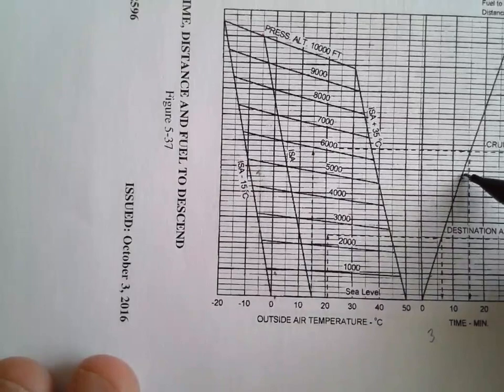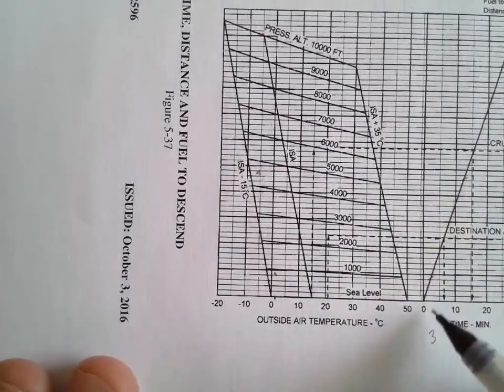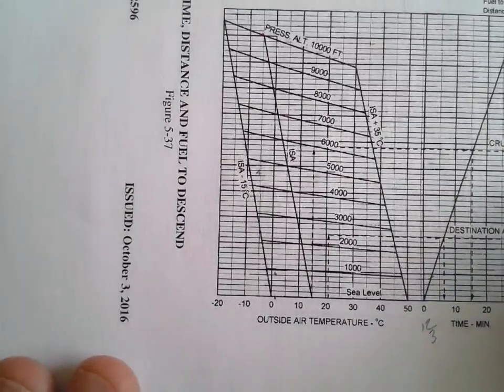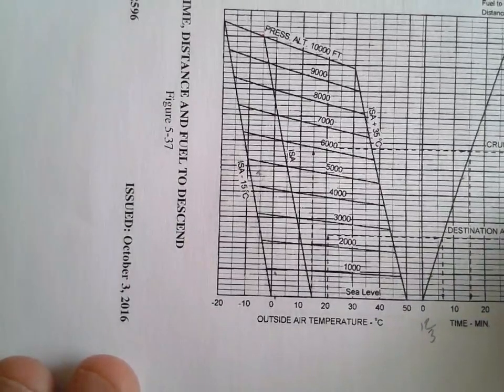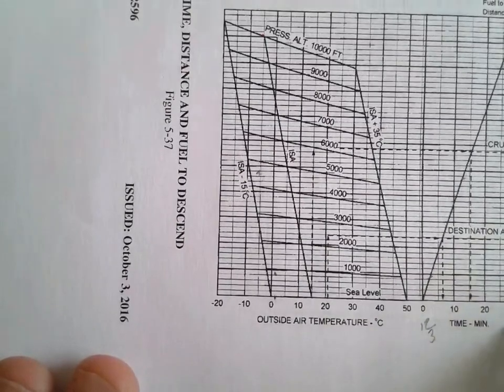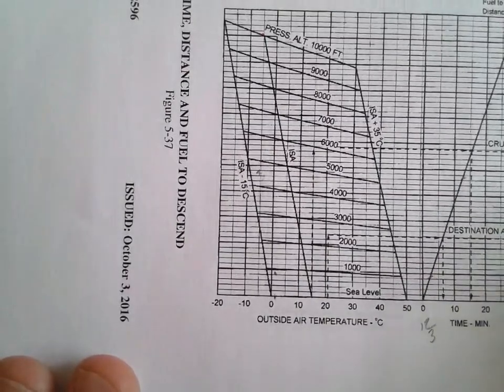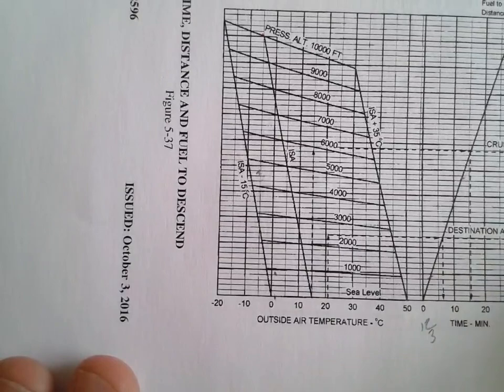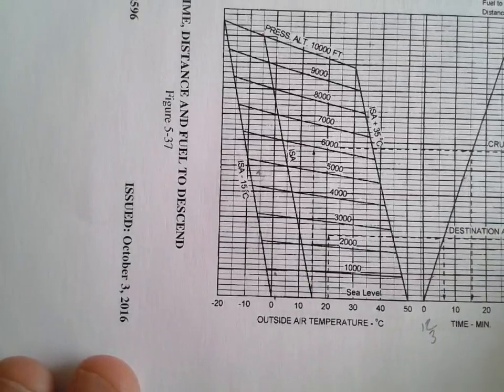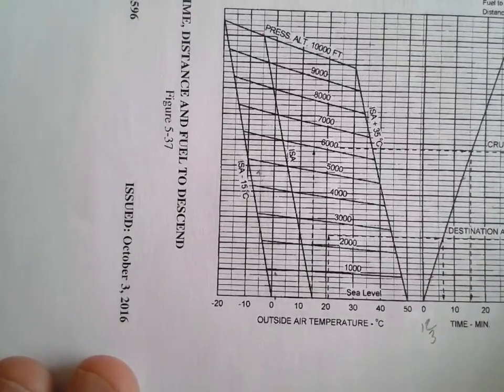We'll go straight down. That looks to be about 12 minutes, I would say. Next line here looks to be about 2.5 gallons. Call that 2.5. Next line here looks like about 26 miles. So we'll call that 26.